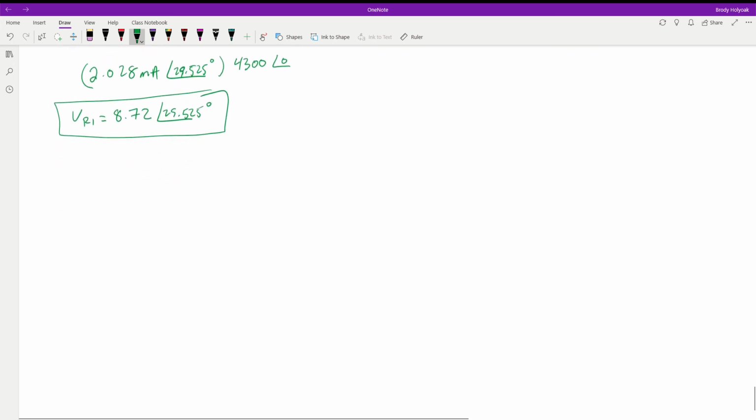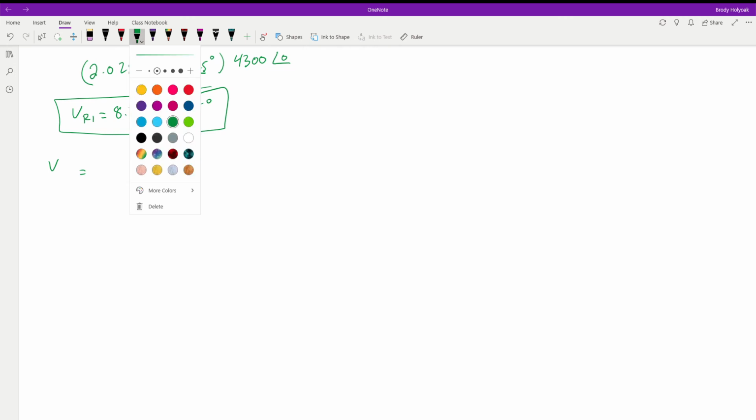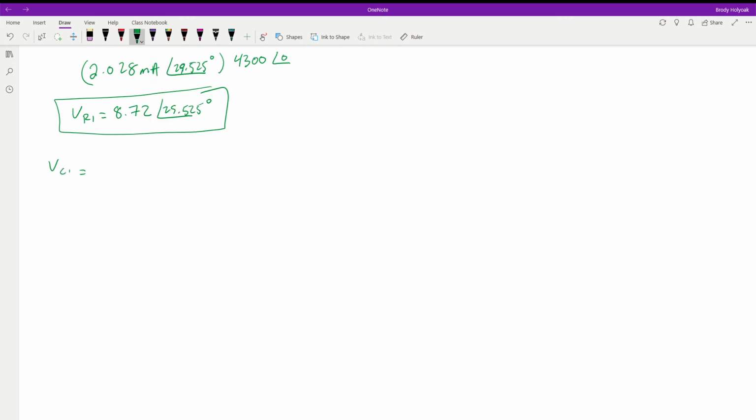Sorry, I keep jumping these ahead. VC1 is equal to the current total times the capacitive reactance of C1.